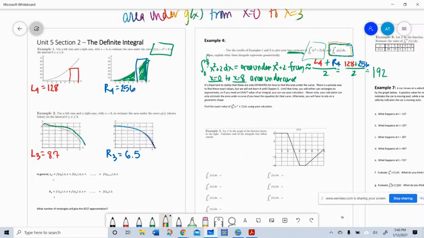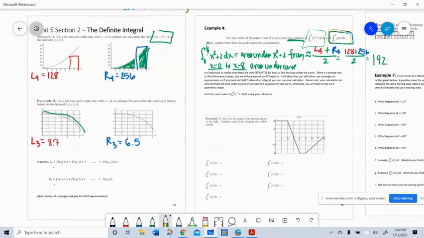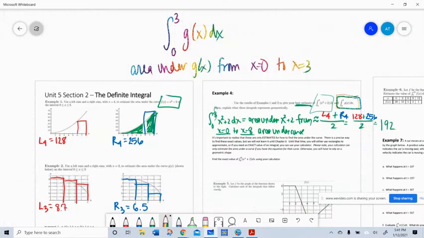And if we did some right-hand rectangles, I should probably do those in blue here so you can see them. They would have looked like this. And our left-hand rectangles, those would have been overestimates because our function is decreasing. So we're going to use those to estimate the integral under g of x, the area under g of x. And to do that, we're going to do it just like we did before. I shouldn't use an equal sign. I'd use an approximate sign.